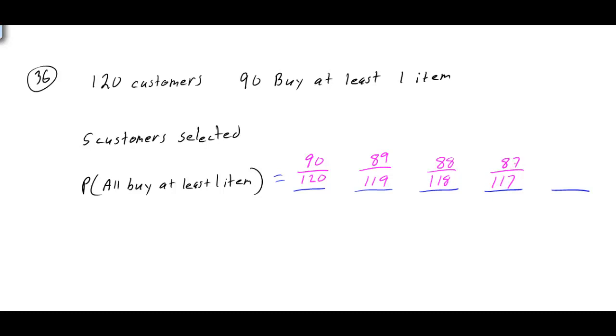So there's 87 left. And then there's 116 until there's 86 left that bought at least one item. So then all we have to do now is multiply these together, and you would end up with a probability of 0.231.